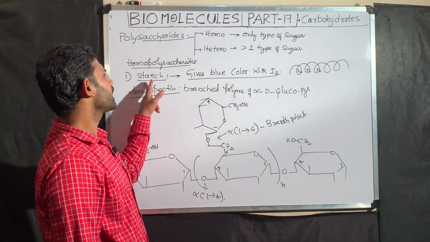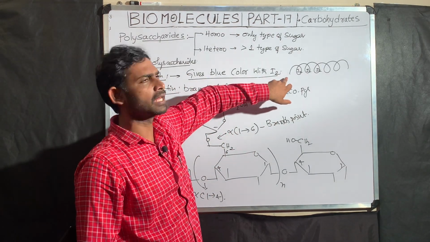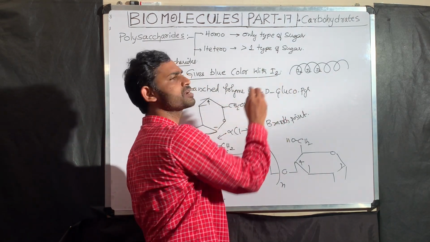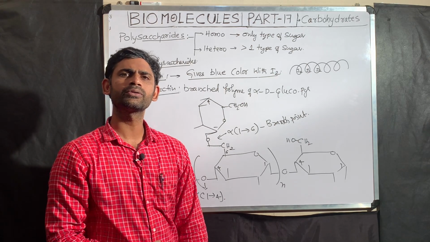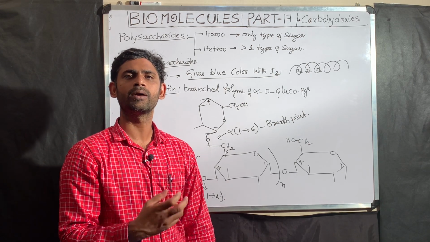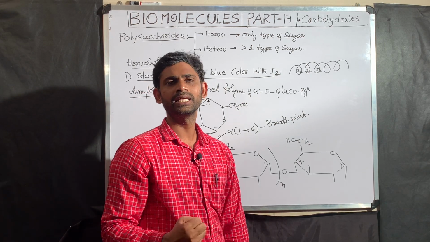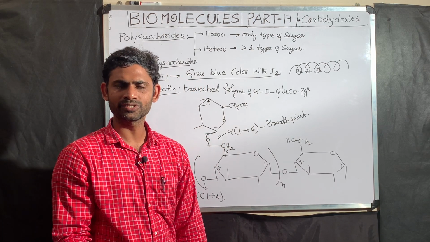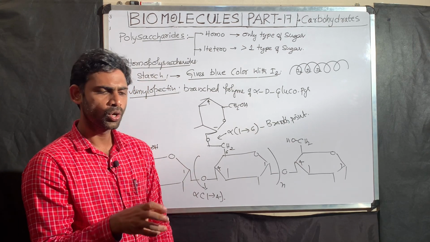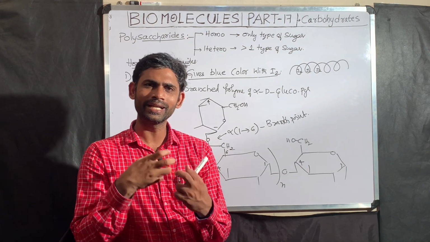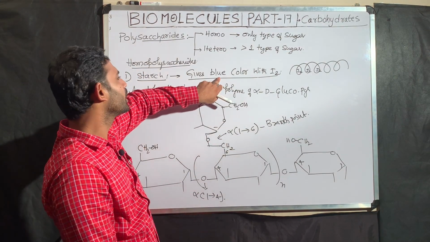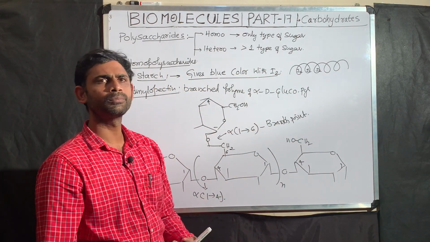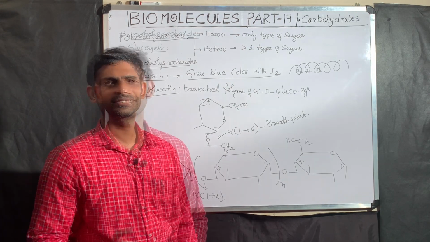That is why starch gives the blue color with iodine, because starch structure consists of a helical structure. In a deep sense, what you need to understand is that the helix is formed by the amylose. Helix is nothing but a secondary structure. The secondary or helix structure of the amylose holds the iodine that is responsible for giving the blue color with the iodine. These are some important points regarding the starch.